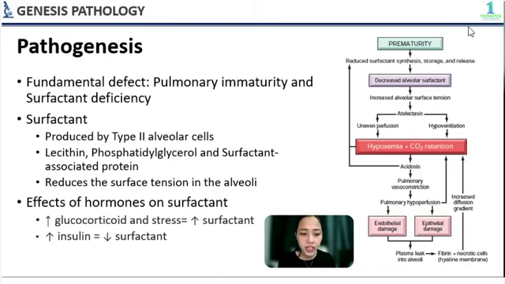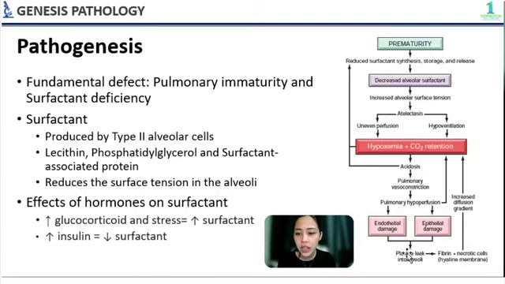So this figure here shows what happens in RDS. Again, the fundamental defect is prematurity and surfactant deficiency. Without this surfactant, the alveoli will collapse, leading to atelectasis. So there is also reduced lung compliance. All this chain of events will lead to the production of a protein-rich exudate in the alveolar space, the hyaline membrane.